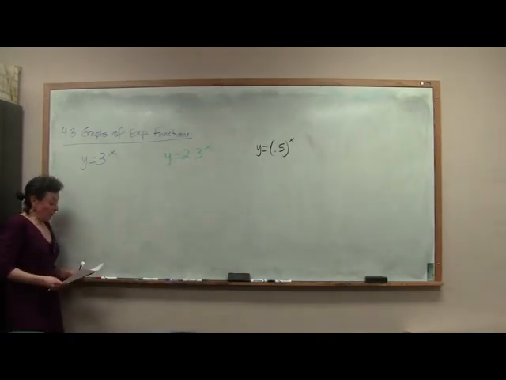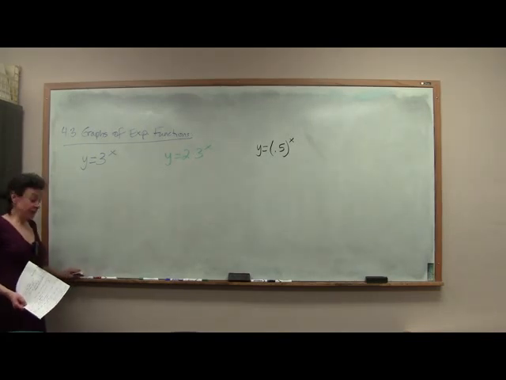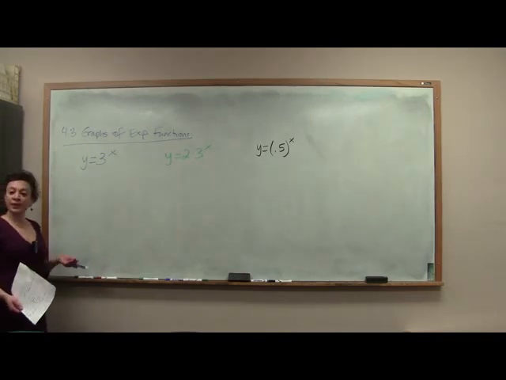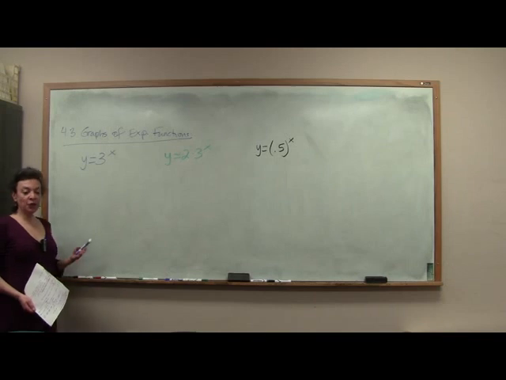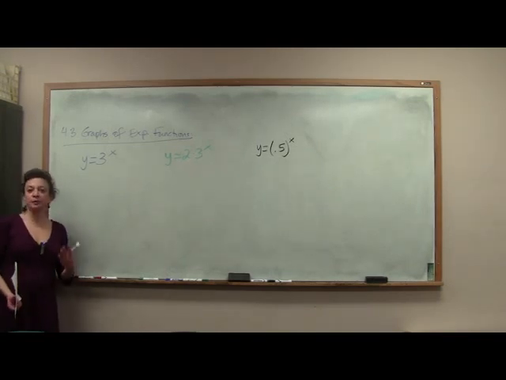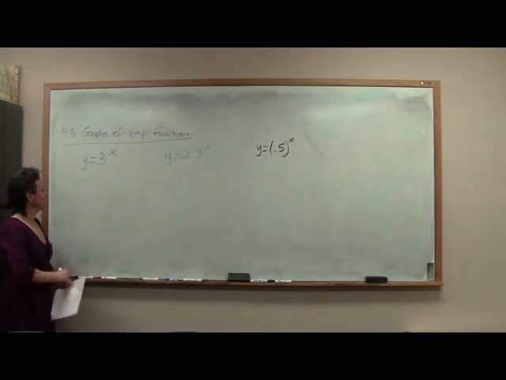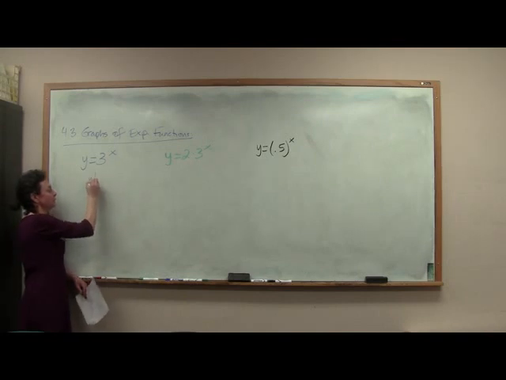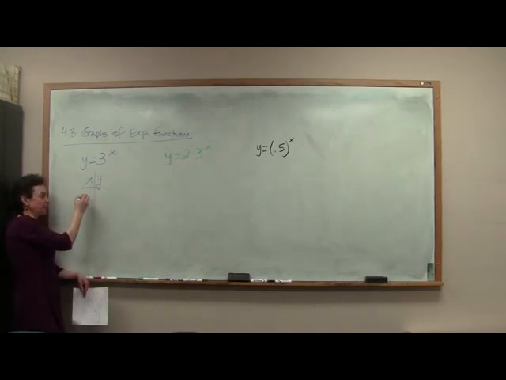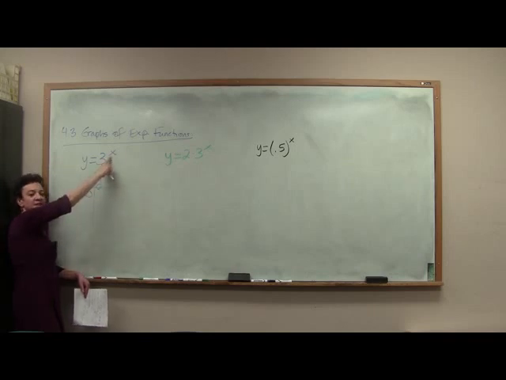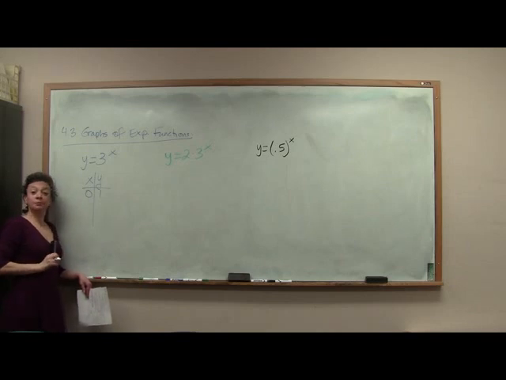Alrighty, so now if we don't know how to make these graphs initially, one thing we can always do is go back to the source and make a little XY table and plot various points. For example, if we plug in x equals 0 here, anything raised to the 0 power is 1.